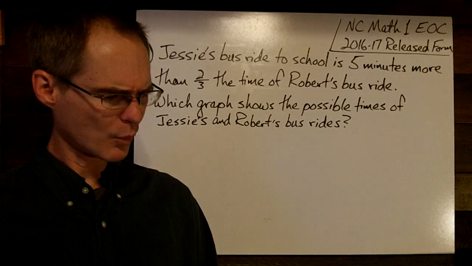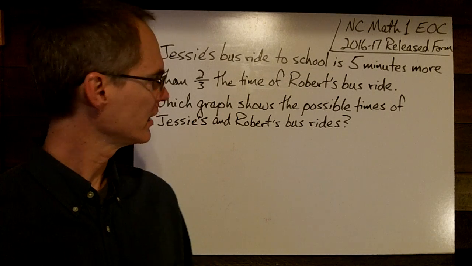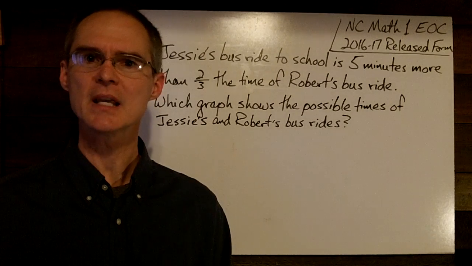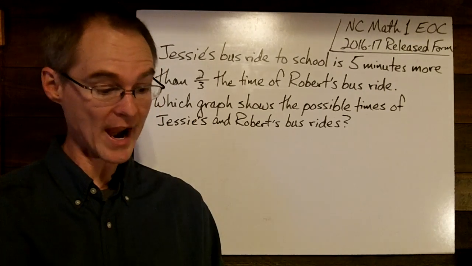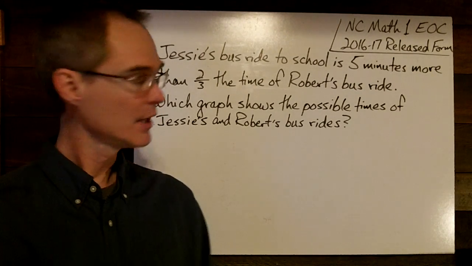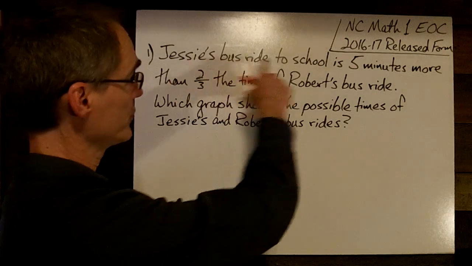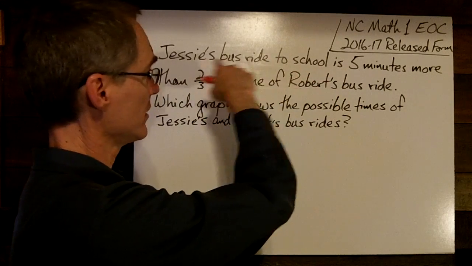Well, one of the things I know about linear functions is that you can represent them in different ways. You can represent them as graphs, which is what the answer choices are. You can represent them as words, which is kind of what this sentence here is.